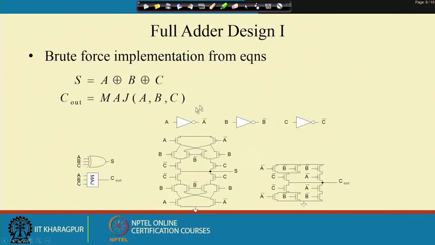Okay. So, this is the corresponding logical expression. If I want to implement this function, I need to implement it using these gates.